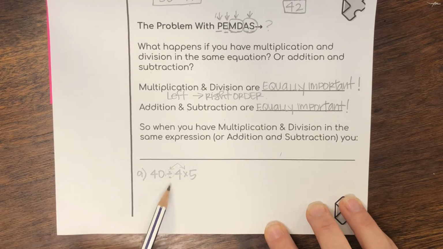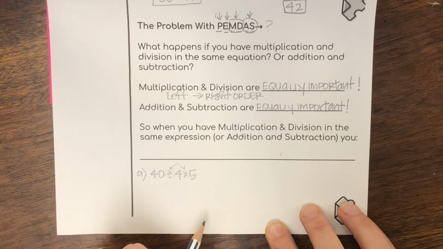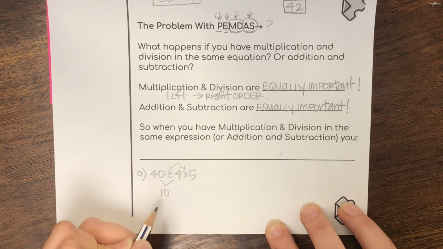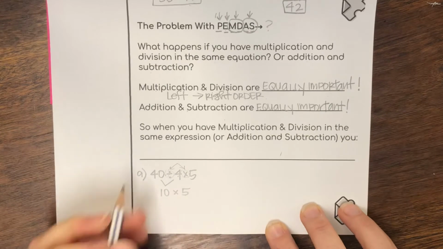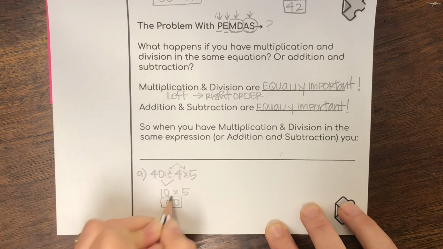So we're going to do the division first, and then we're going to do the multiplication next. So 40 divided by 4 gives us 10. Ten times 5 gives us 50. That's the correct solution.